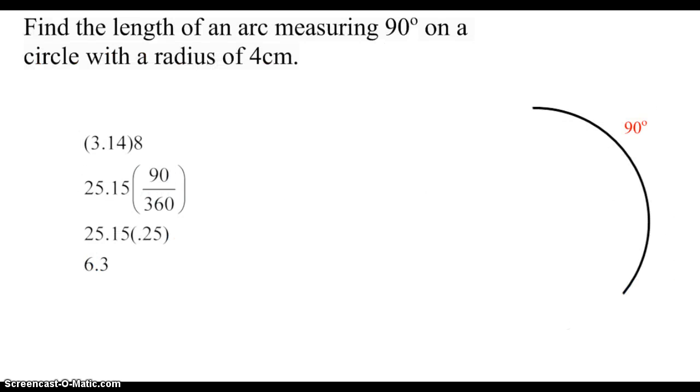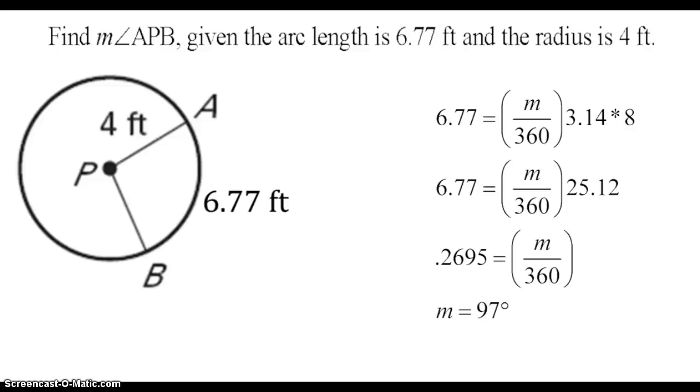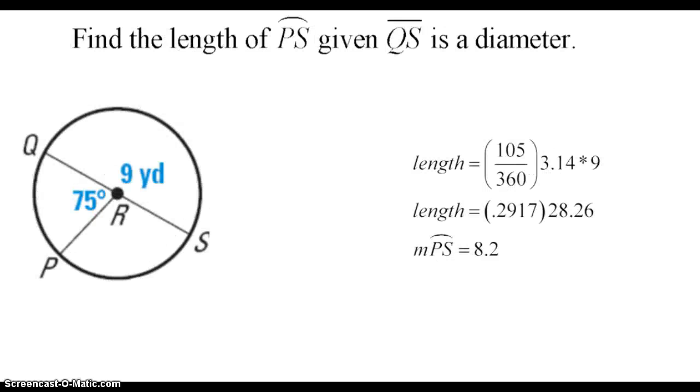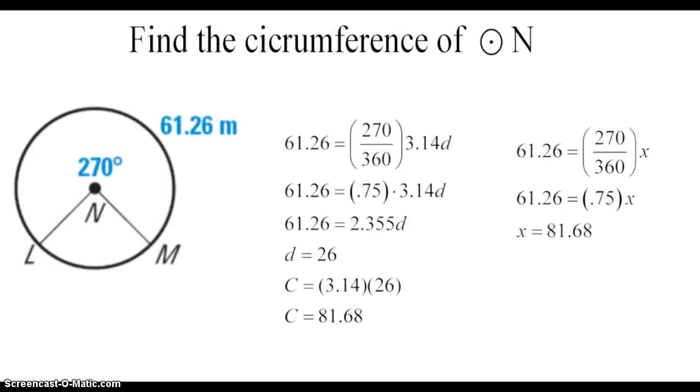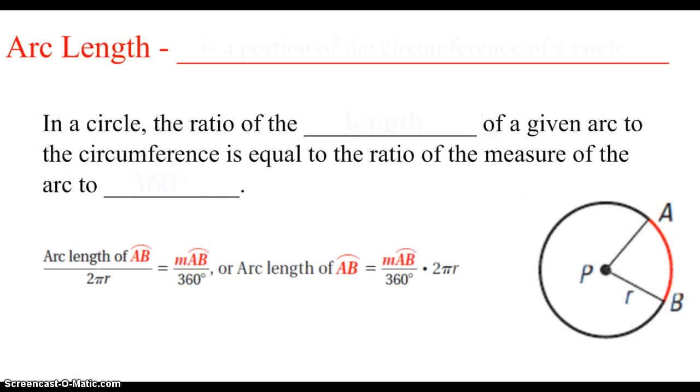So these first 3 problems were just finding the basic arc length. In 5, we found the measure. In 6, I went back to arc length. In 7, I asked you to find the circumference. And in 8, I asked you to find the radius. So it's all the same concept, just using the formula to find different pieces.